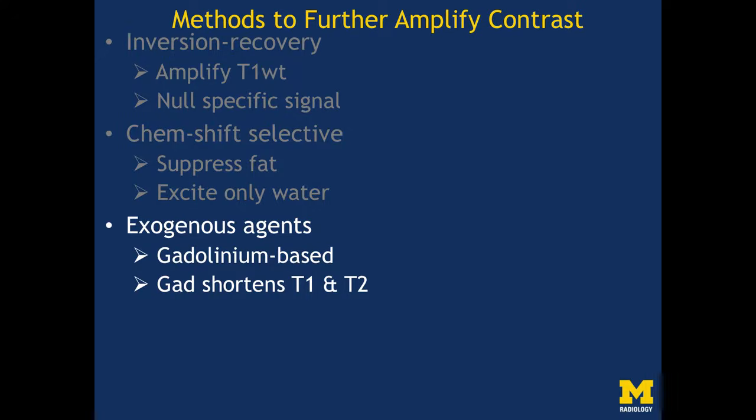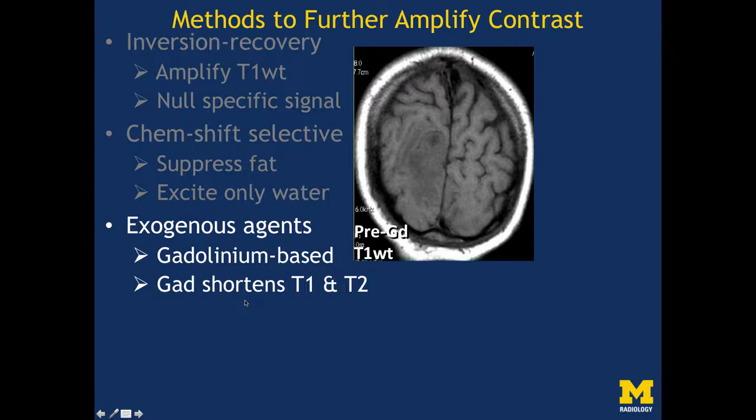Lastly, we can add external agents, exogenous agents. Typically, they're gadolinium-based materials, and those contrast agents change the T1 and T2 in the tissues. So here we have a coronal view of the brain.